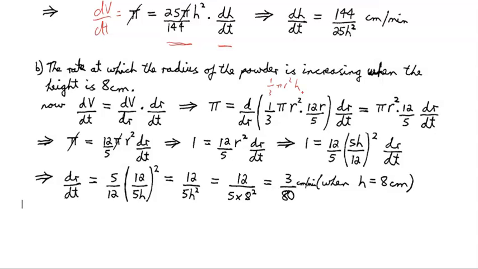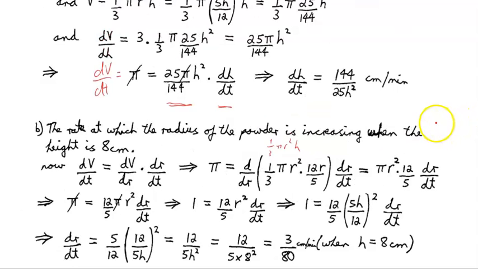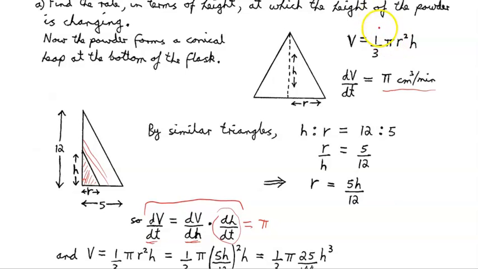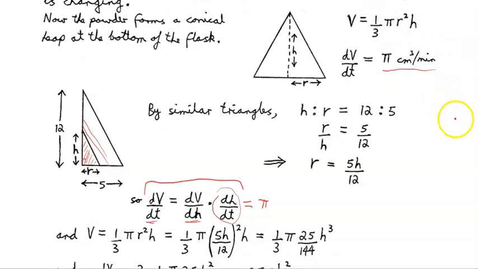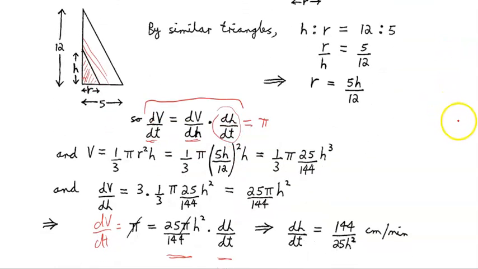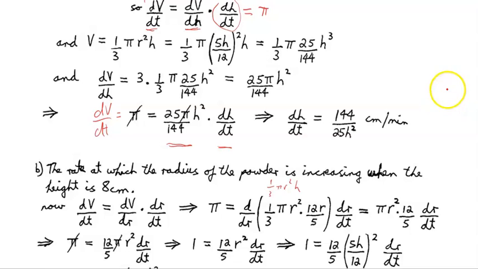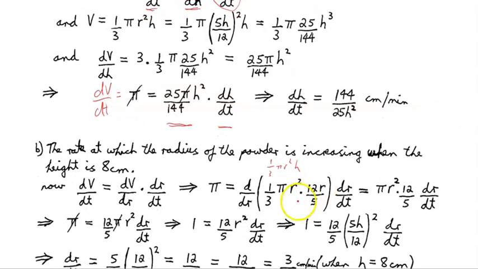I'll just show you at the top here just to remind you: 1/3 pi r squared times height. And the height, if we rearrange that, is 12r on 5, and that's what we have down here.